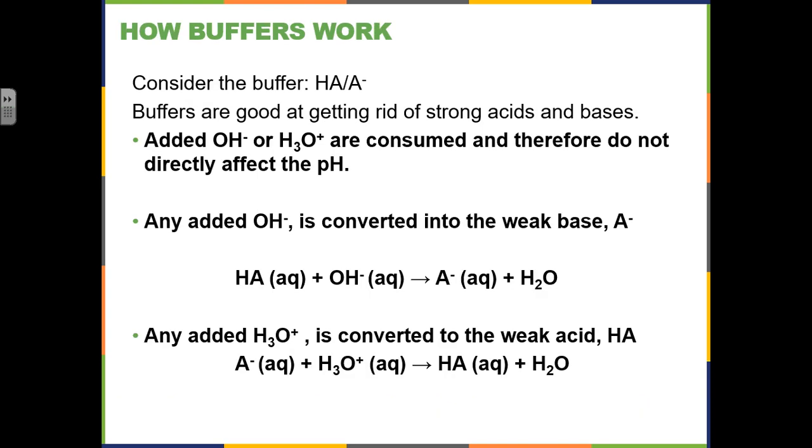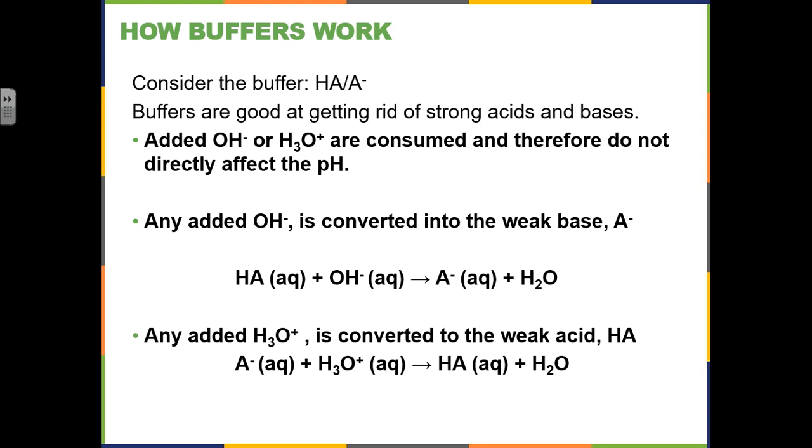Now let's consider the buffer where you have an acid and its weak conjugate base. Well, buffers are good at getting rid of strong acids and bases. And so if you add hydroxide or hydronium, they're going to get consumed and not directly affect the pH.